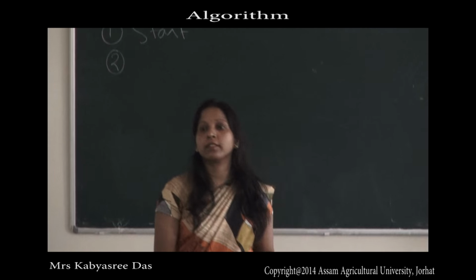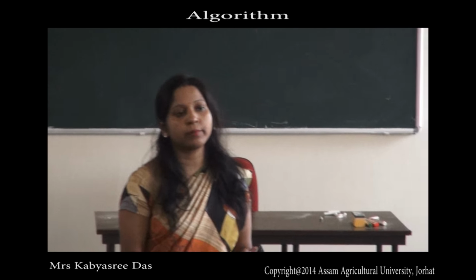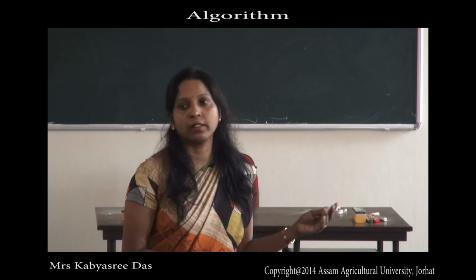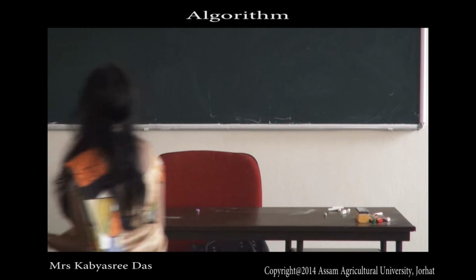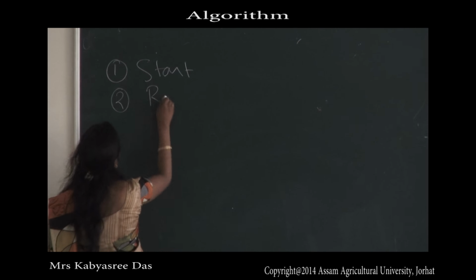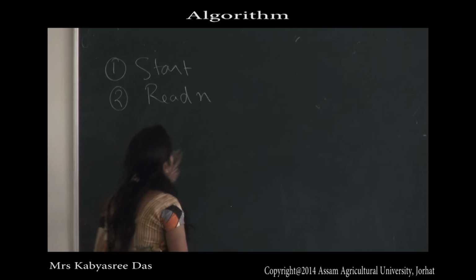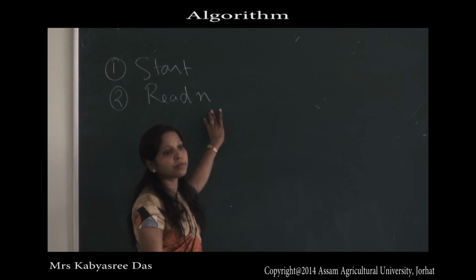What will be the input here? Again a number, the required number. It may be n, it may be any number. So suppose n, read n. That means you now have to find the value of 1 into 2 into 3 and so on up to n.